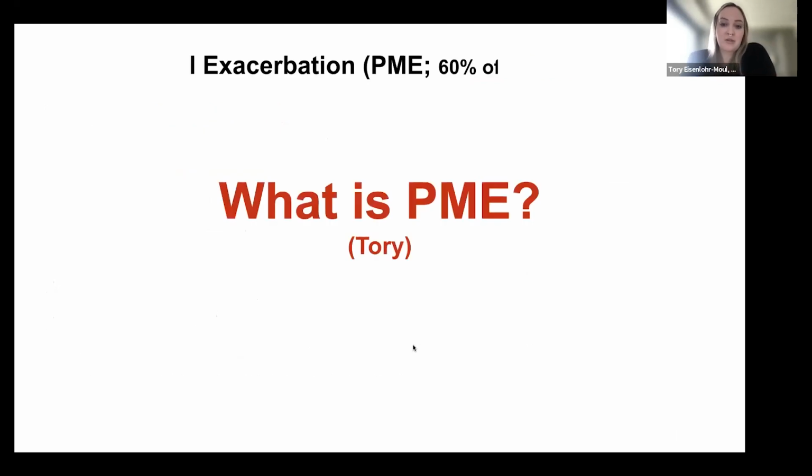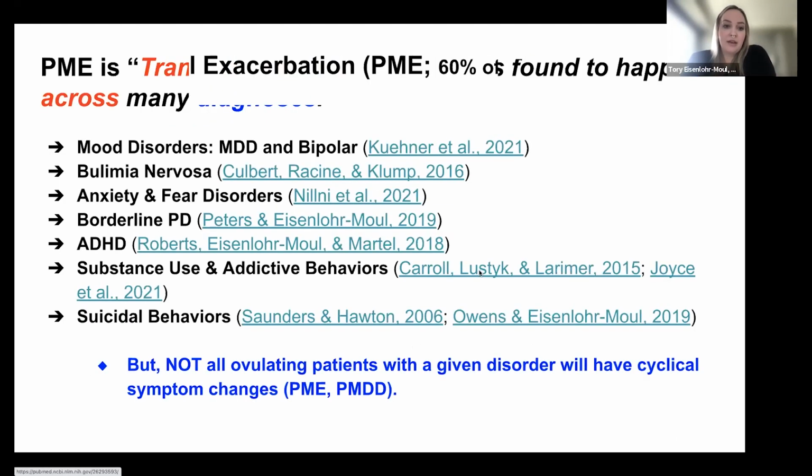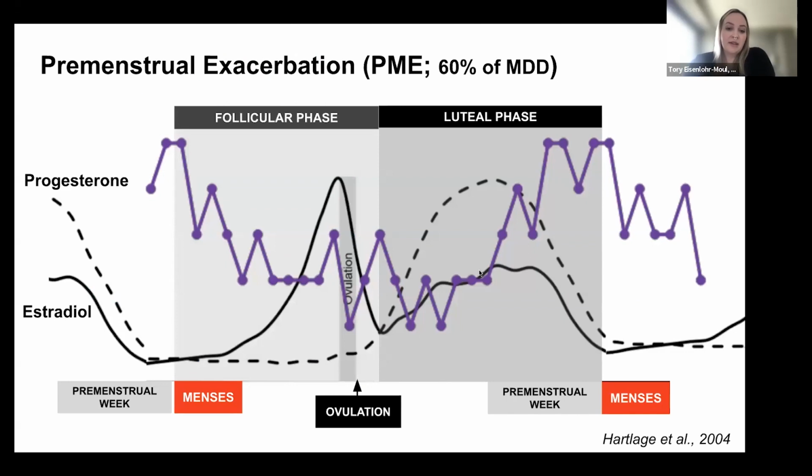What is premenstrual exacerbation? The pattern of symptoms looks like this. In short, it can happen in any chronic disorder, especially we're thinking here about psychiatric symptoms. It can happen in any chronic disorder, but typically what we see is that the symptoms improve on a similar timeline to PMDD, but they never fully resolve.